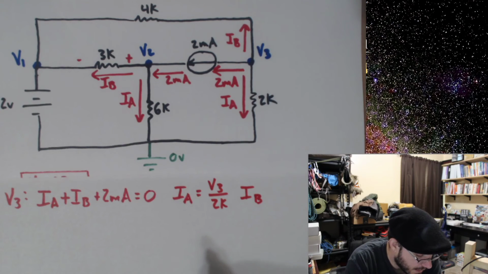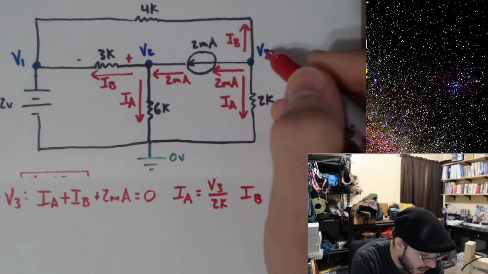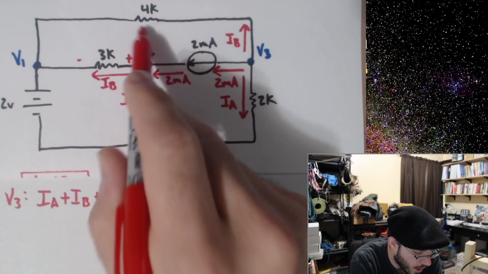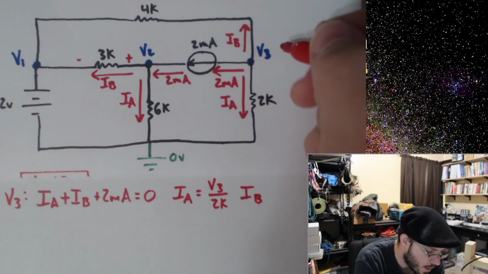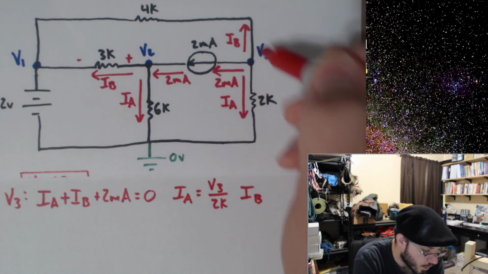So let's use the polarity to help us express the voltage drop across this 4K. This is a great way to never screw this one up.